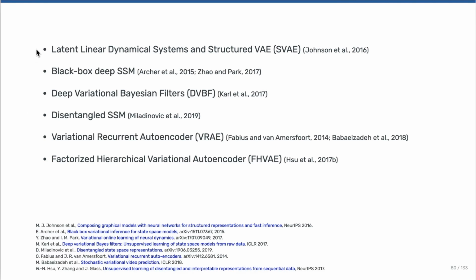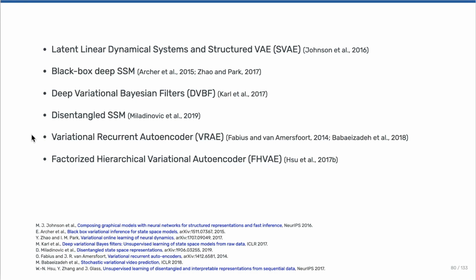For example, we can mention the latent linear dynamical systems and the structured VAE by Johnson and colleagues, the black box deep SSM of Archer and colleagues, then extended by Zhao and Park, the deep variational Bayesian filters by Karl and colleagues, and the disentangled SSM by Miladinovic and colleagues.